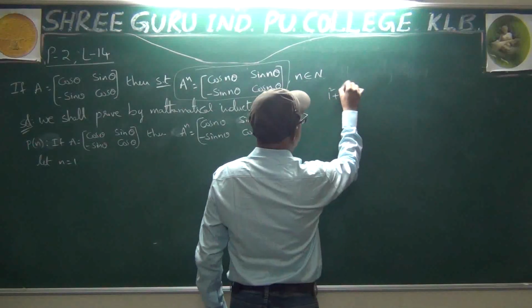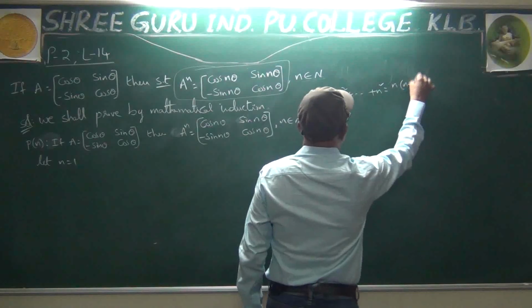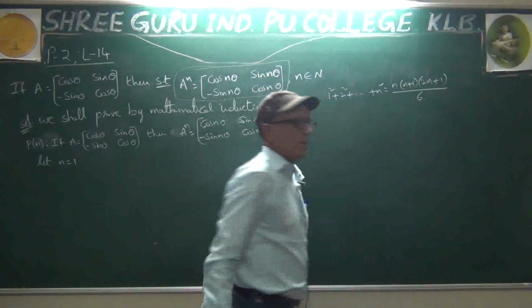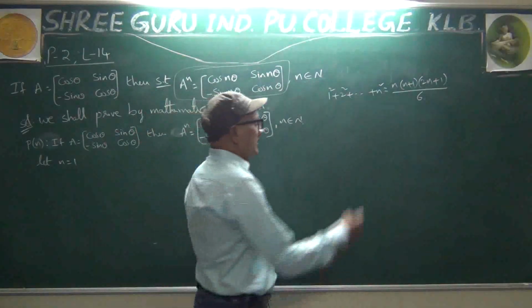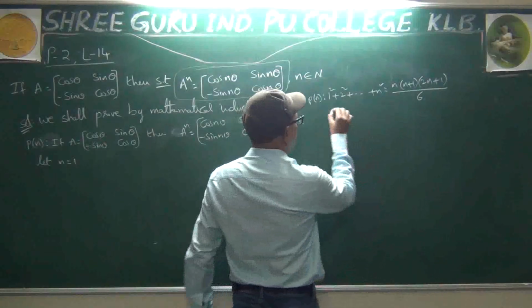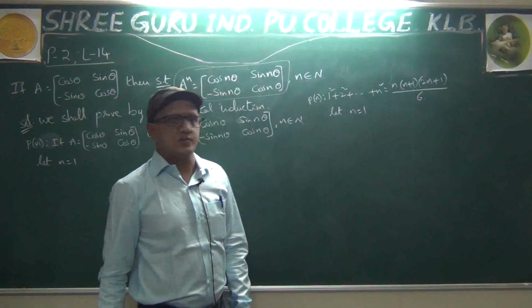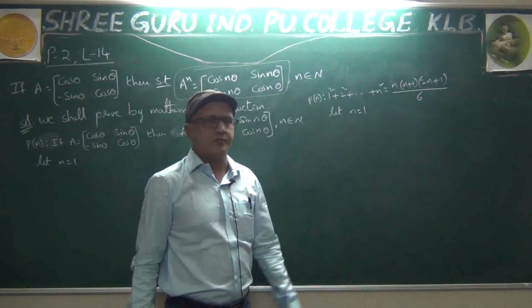In the earlier question, 1 square plus 2 square plus up to n square equal to n into n plus 1 into 2n plus 1 by 6, first PUC mathematical induction, first of all we call it P of n. Let n equals 1. Few lecturers might have said case 1, case 2, case 3, no problem.